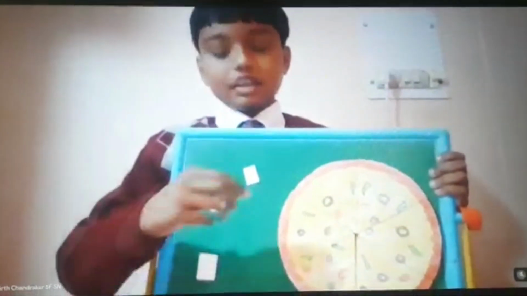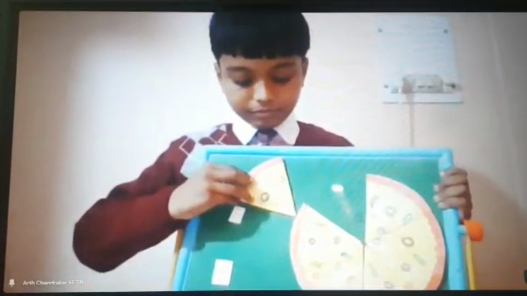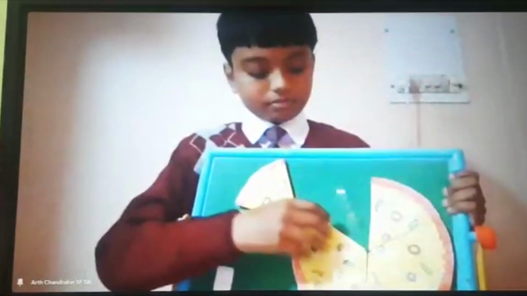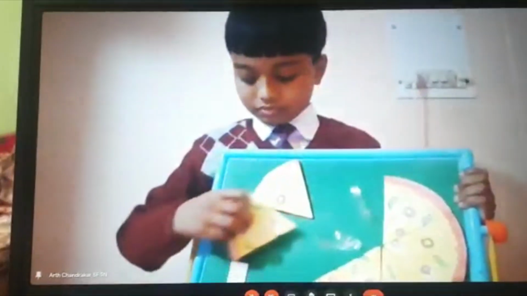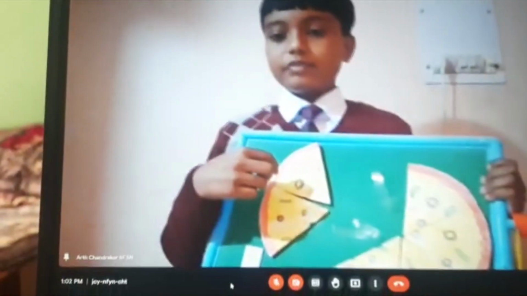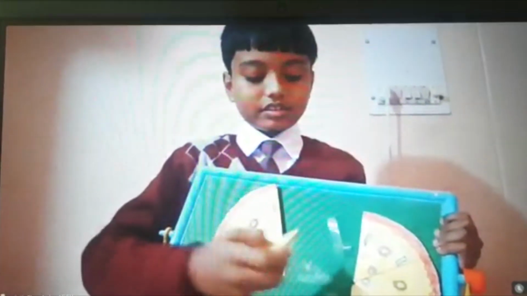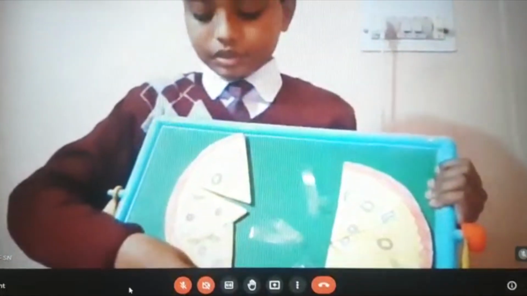Addition of like fractions, which are fractions with the same denominator. Here's a pizza with 6 equal slices. If I ate 2 slices out of them, which is 2 by 6 of the pizza, and my sister ate 1 slice out of it, which is 1 by 6 of the pizza.